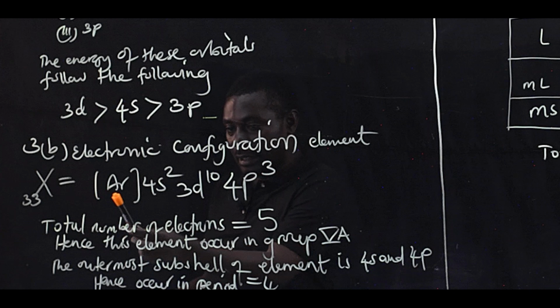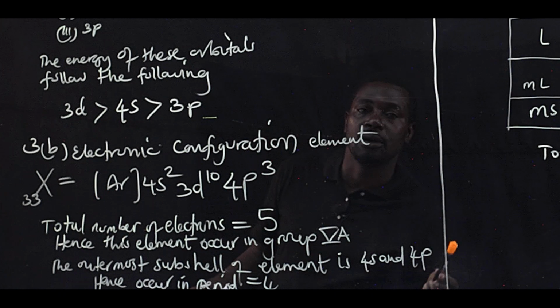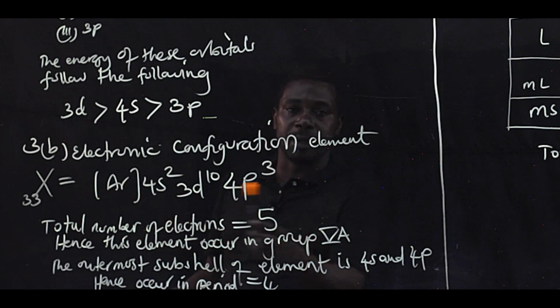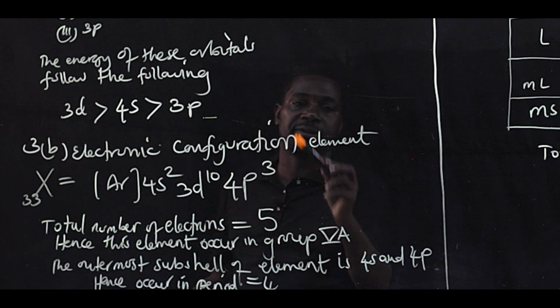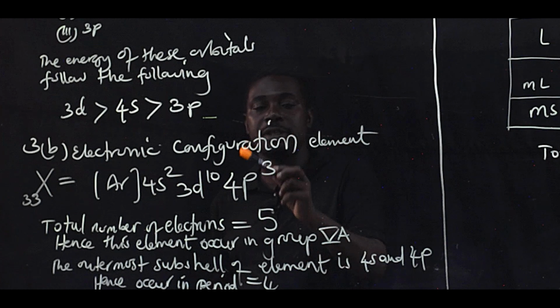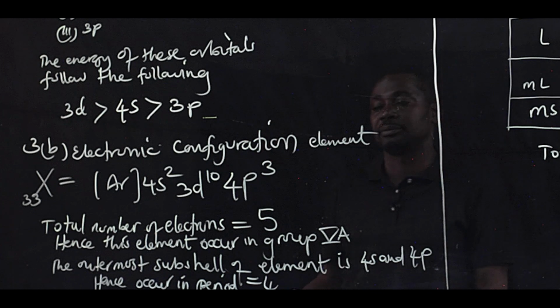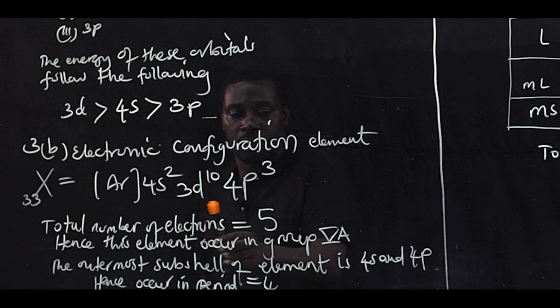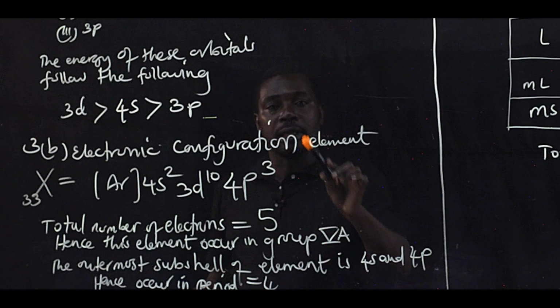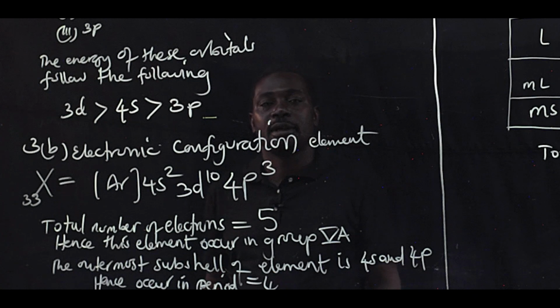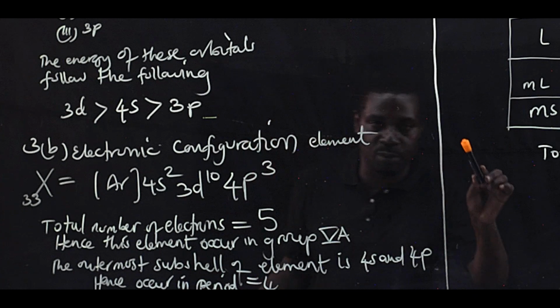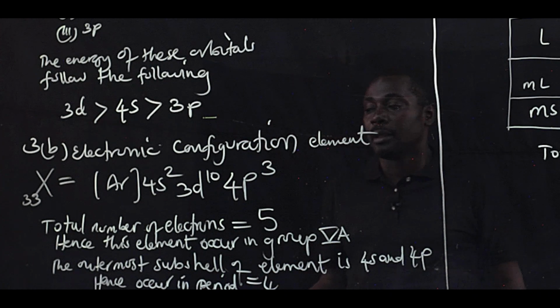So by using this electron configuration of this element, let me identify the position of this element in the periodic table. For the position in the periodic table, we are supposed to indicate the period of this element and the group of this element.